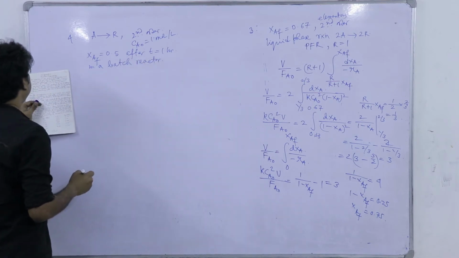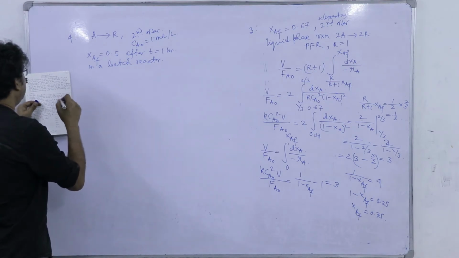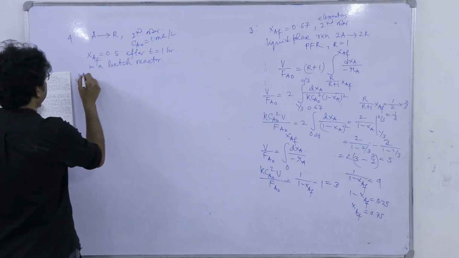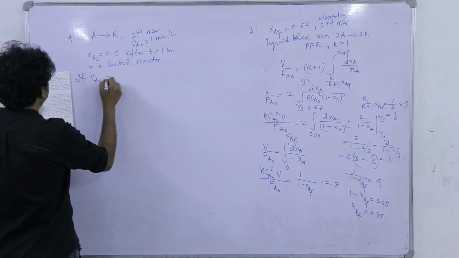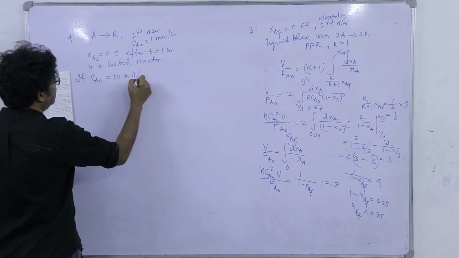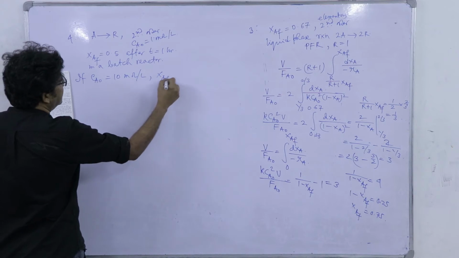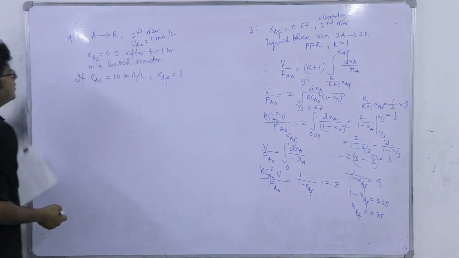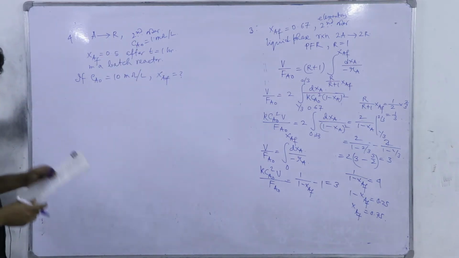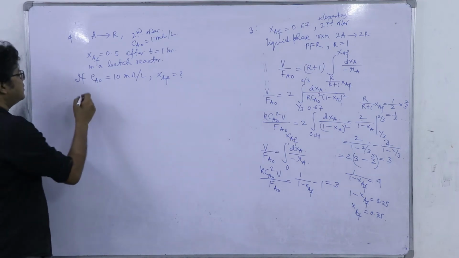What is the conversion and concentration of A after 1 hour? Now, if Ca naught equal to 10 mole per liter, we have to find out the conversion. So, this is second order, A giving R, right.